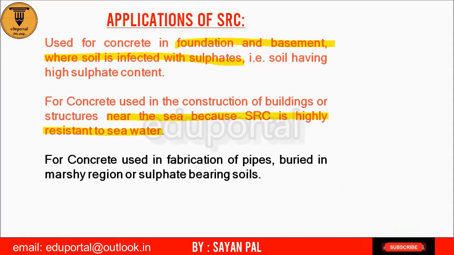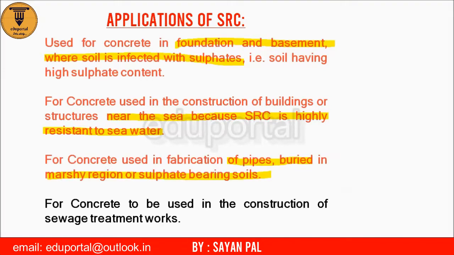And then concrete used in fabrication of pipes buried in marshy regions or sulfate bearing soil, and for concrete to be used in the construction of sewage works. Okay, so these are the places where we can use sulfate resisting cement.